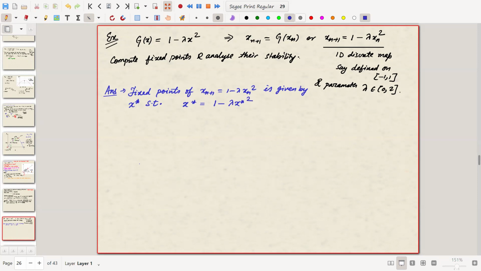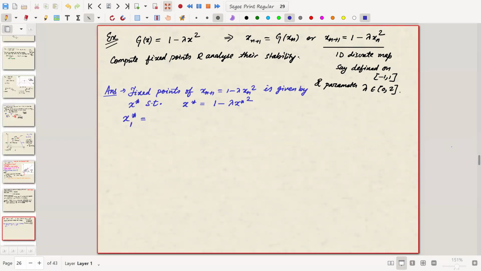Now, can you help me compute x star? Can you tell me what x star is from the quadratic equation? Please do the calculation and let me know. Fine.